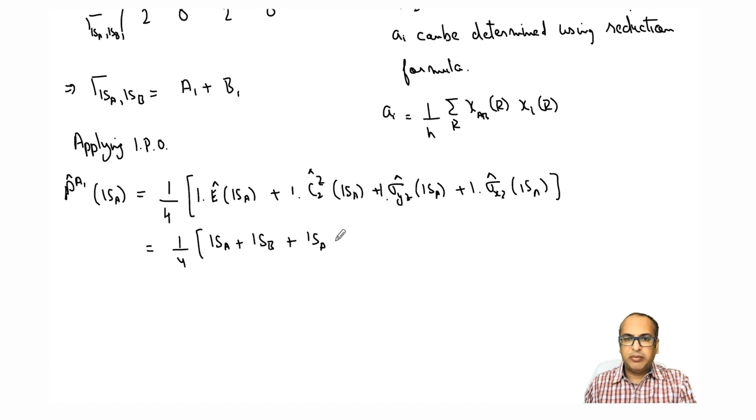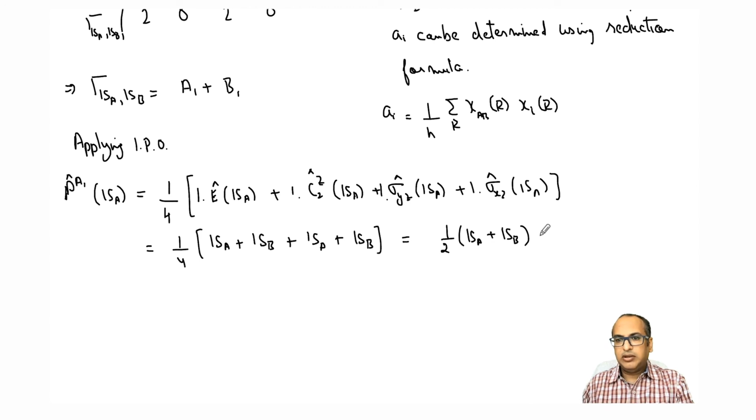Sigma_xz will replace, so we'll get 1sB, right? Now this can be written as 1 by 2 (1sA plus 1sB), right?